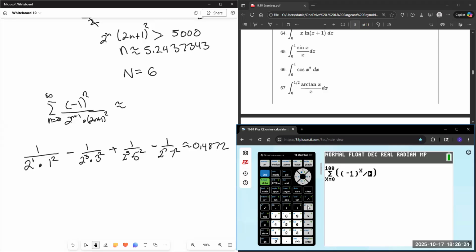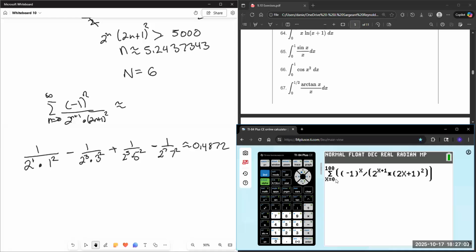divided by, and then parentheses 2 to the x plus 1 times parentheses 2x plus 1 quantity squared, and that is my denominator wrapped in parentheses, and I need to wrap my summation in parentheses.